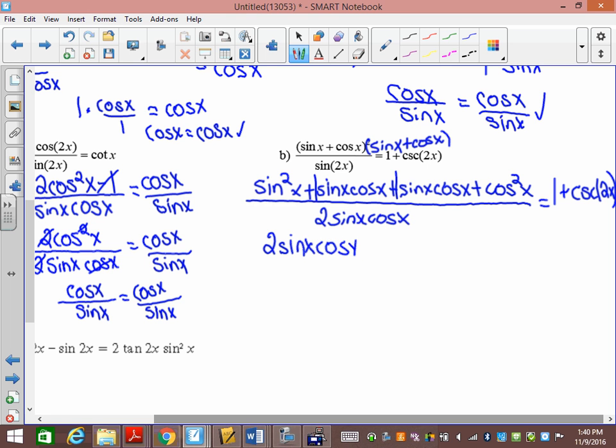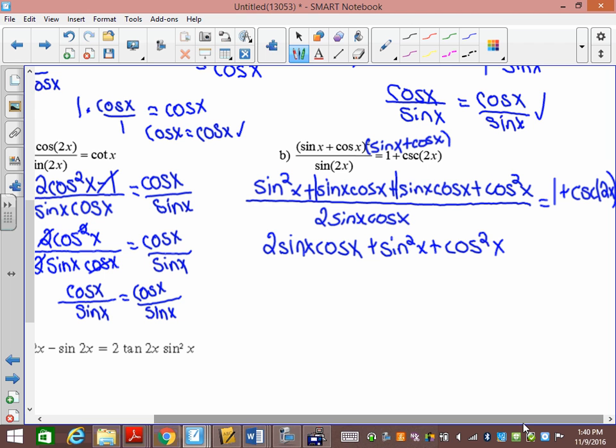And then I'm going to put the sine squared x plus the cos squared x together. Whenever you have a sine squared x and a cos squared x apart, like these ones are, I always put them together. Because what is sine squared x plus cos squared x? 1. So if ever you have a sine squared x plus cos squared x randomly apart and you can put them together, sine squared x plus cos squared x equals 1.